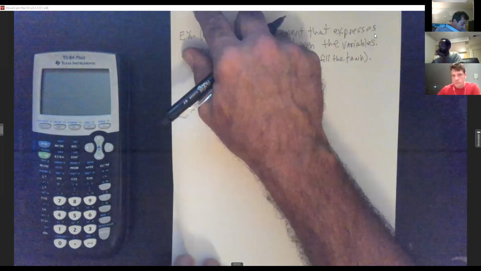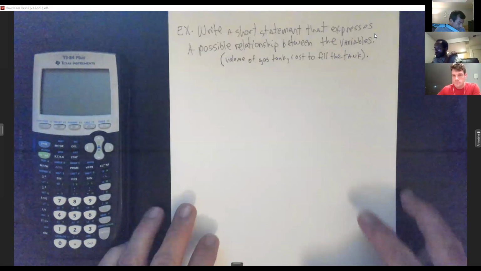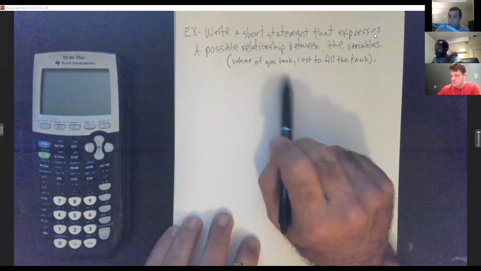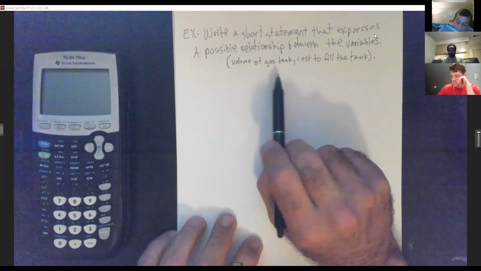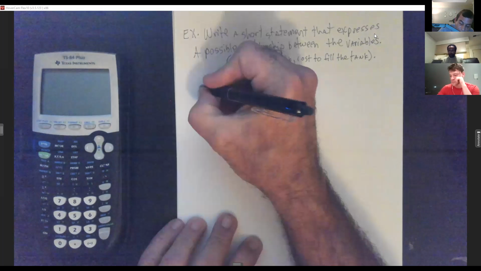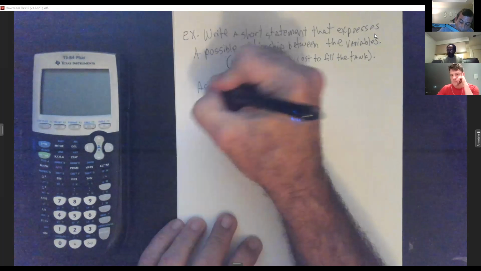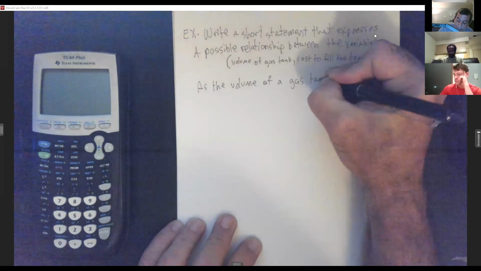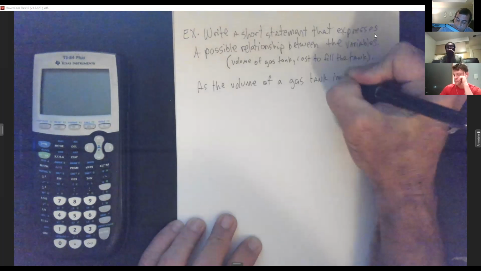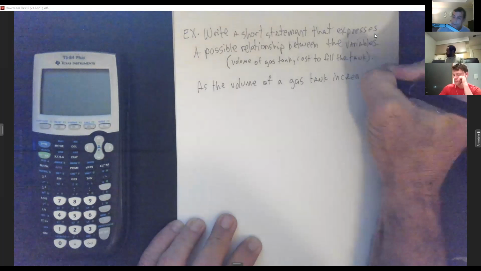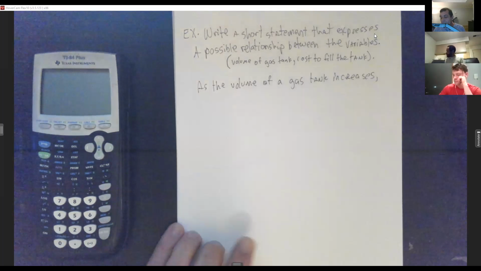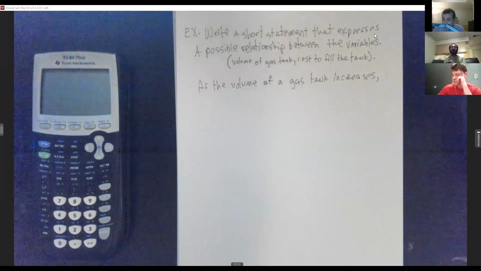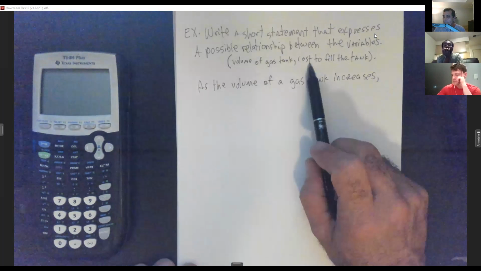All right. So to me, what this is telling me, a relationship that's possible between this, means as the volume of a gas tank increases. So y'all, the bigger your gas tank increases, well, what do you think that's going to do to the cost to fill that tank?